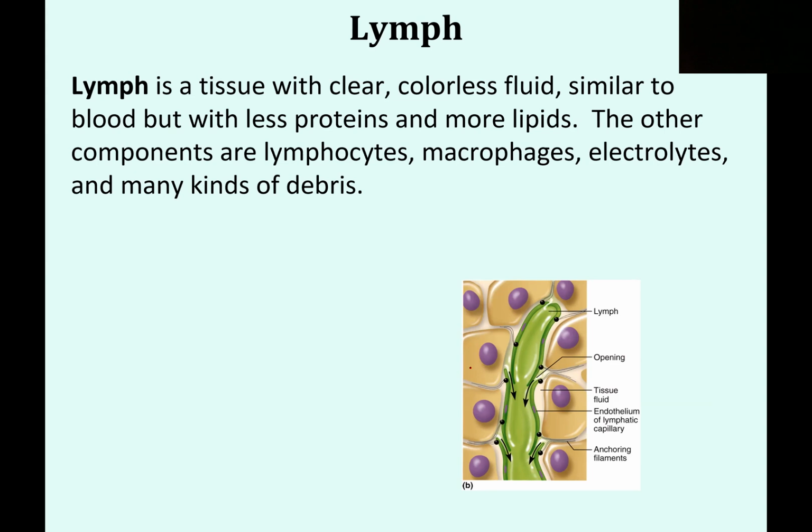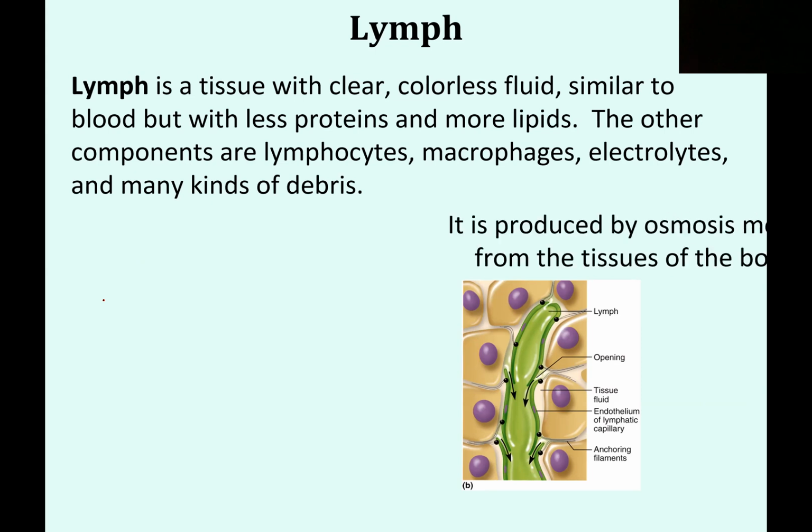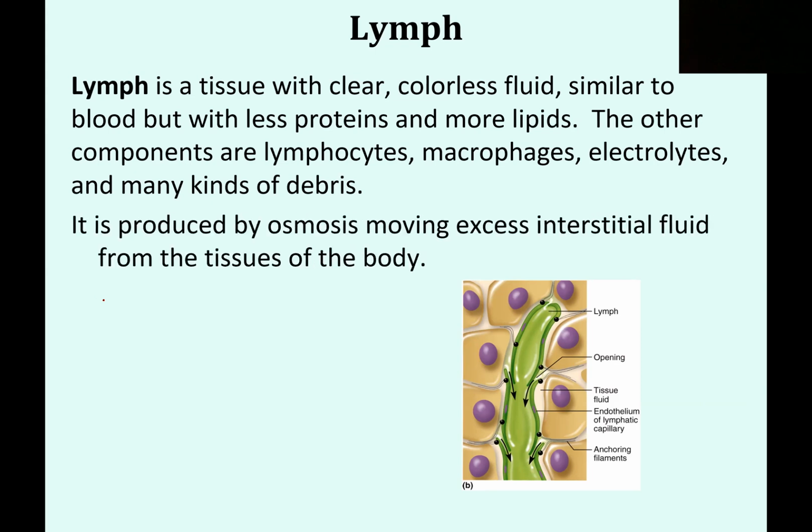So the lymphocytes and macrophages are the cellular components of the tissue. It's produced through the process of osmosis, meaning that no energy is exerted.